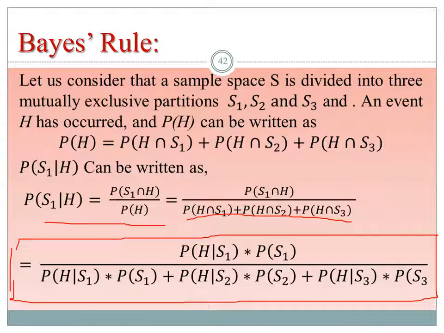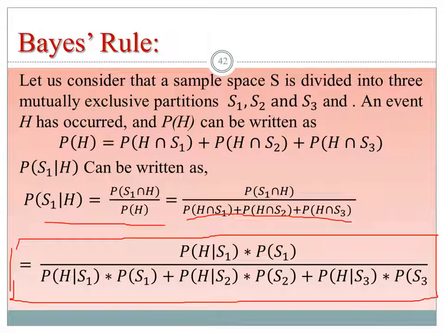For example, suppose you are a company manager. You received shipments from three different suppliers, S1, S2, S3, and each supplier's product has some defective items. In this case, S1, S2, S3 are suppliers and H is the common event, that is, defective.